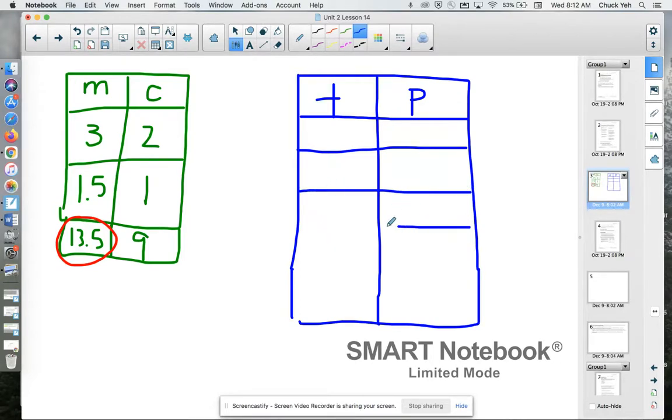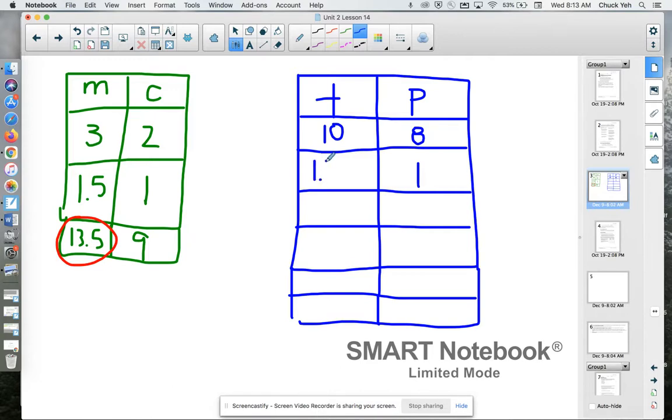So how would you make these rows? If I helped you out and I put 10 and 8 here, what if I put 1 over here? Would you know what this would be? This would be 1.25.